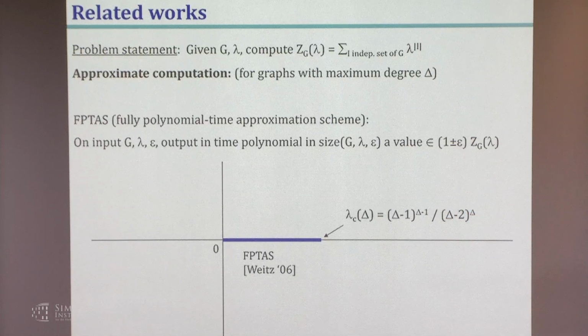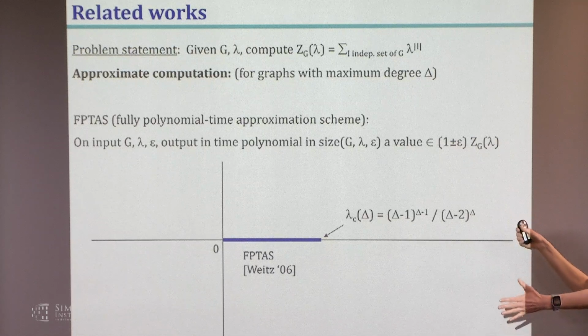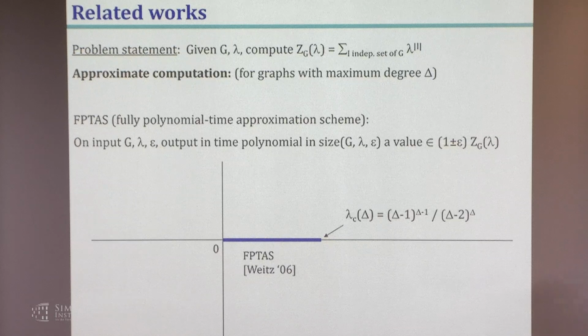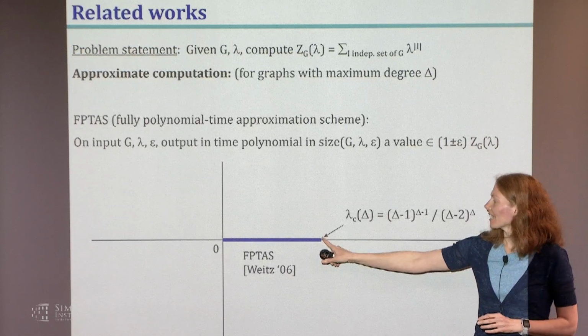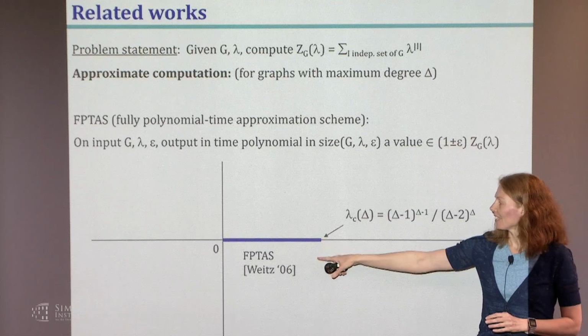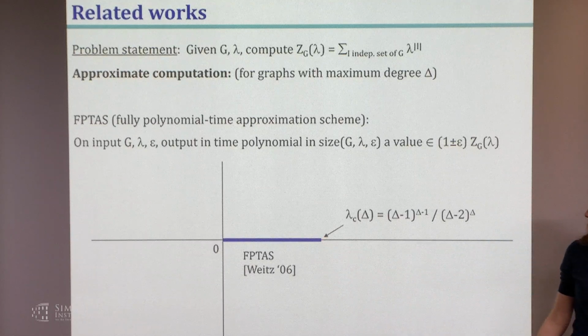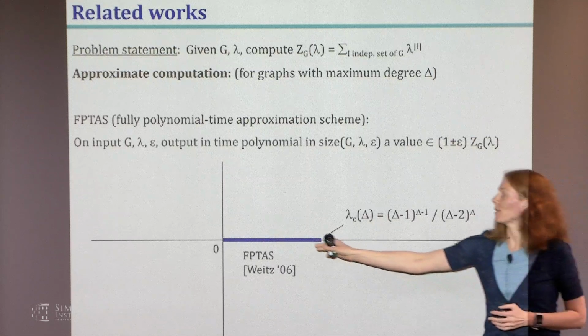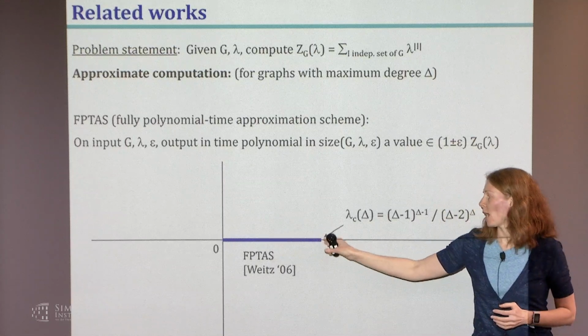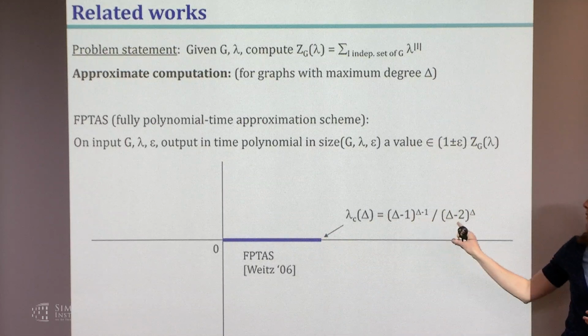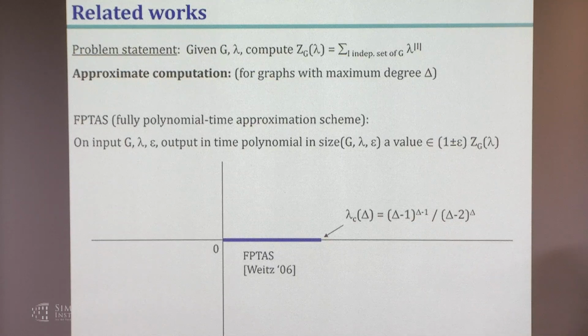Okay? And now this picture is going to look eerily similar to Jan's. These are exactly the same results that he mentioned. So we have a critical threshold, and Weitz back in 2006 showed that we have an FPTAS in the regime for lambda up to this critical threshold that depends on the maximum degree of my graph.